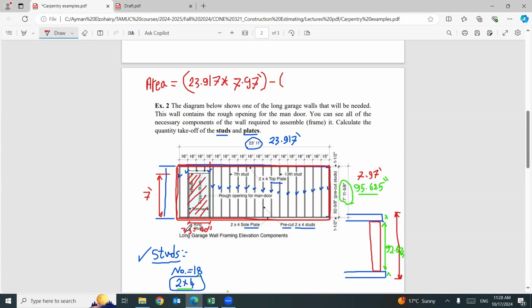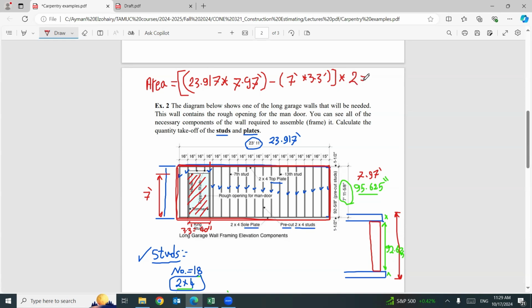I'm sorry, 40 inch. So I will subtract the area of the door, 7 feet by 3.3 feet. Keep in your mind, this is one face of the wall. We have another face on the other side, so I have to multiply it by 2.